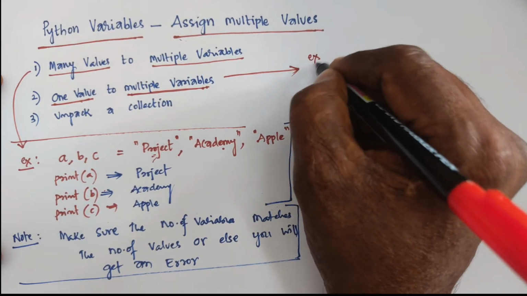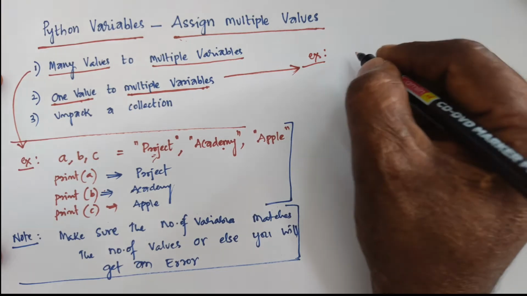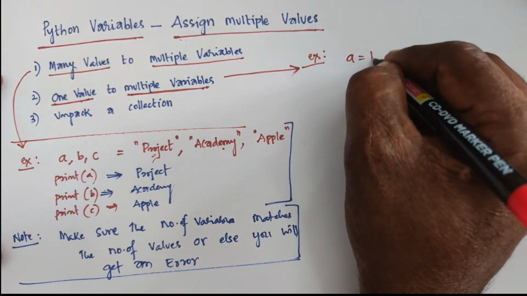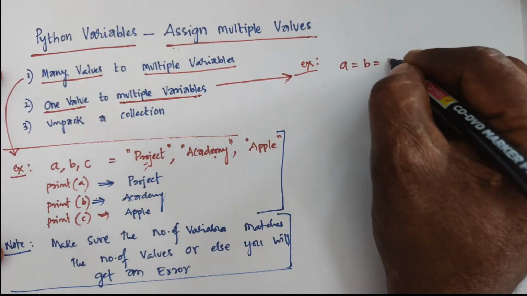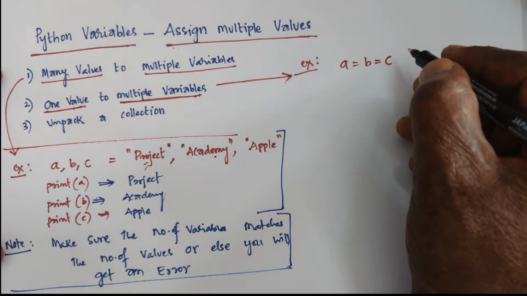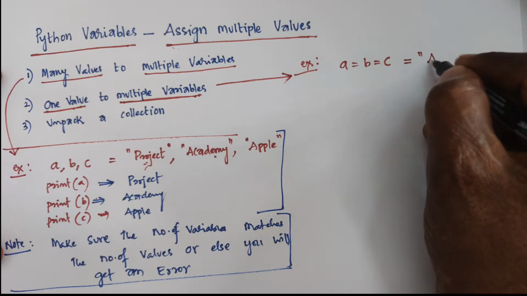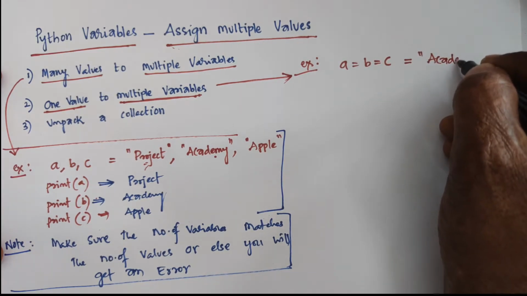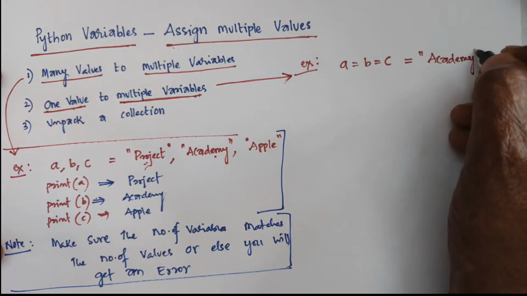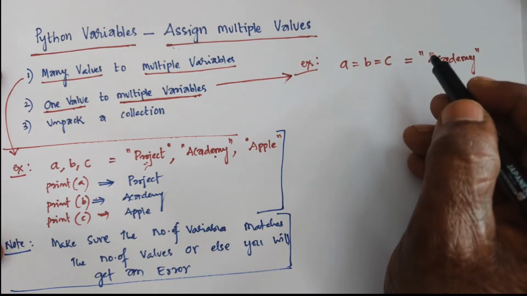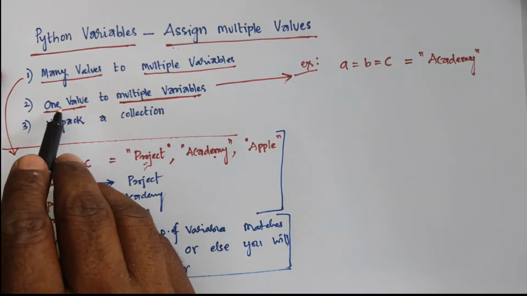For example, you write a is equal to b is equal to c is equal to academy. This is the actual instruction for one value.